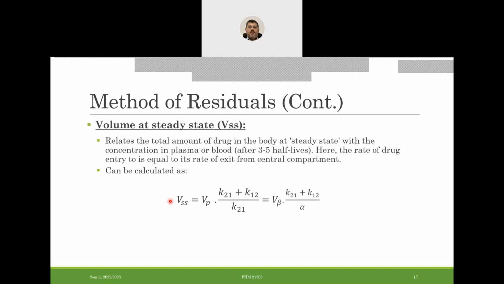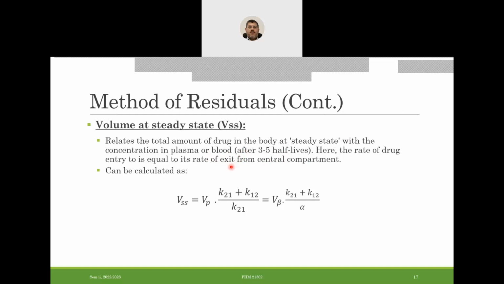We can also calculate the volume of distribution at steady state. We could say the amount of drug in the body at steady state is reached after 3 to 5 half-lives. At this time there is usually equilibrium between the drug in the central compartment and the tissues, and when we reach steady state, the concentration is stable.